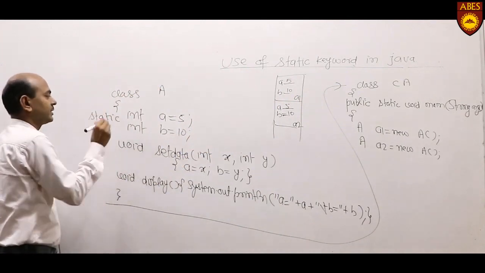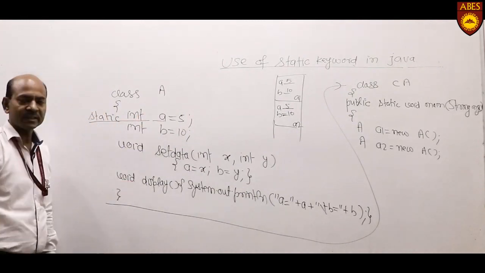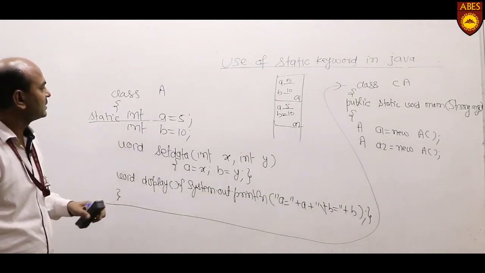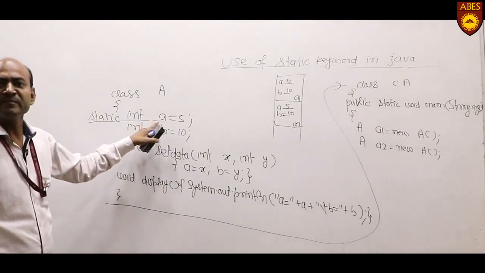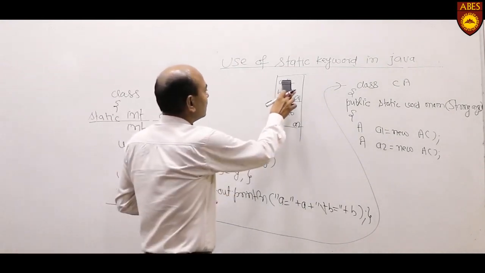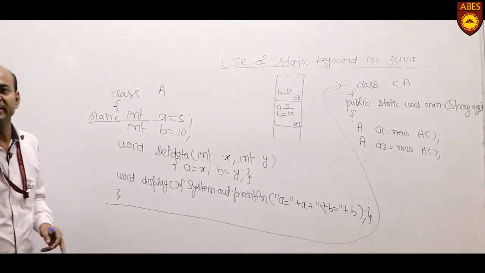So I write static. When I write static int A, that is, I have modified A by static, then what happens? This variable A becomes a variable of the class. So it will not be stored in the object memory area.